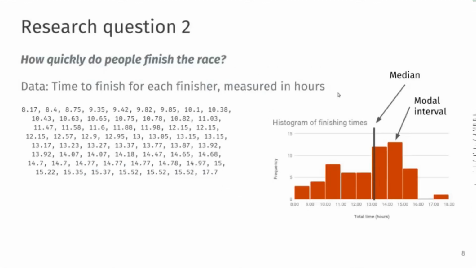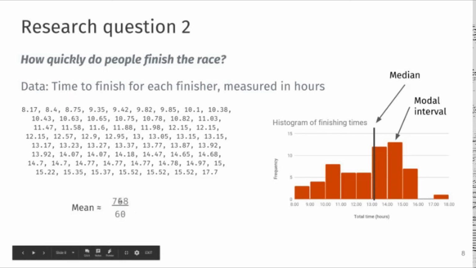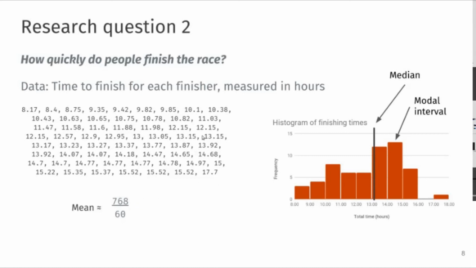If we do this for our complete set of data, all we're doing is adding each of these things up and dividing by the total number of observations, which in this case is 60. The sum of all of these, you can check it for yourself, is a little over 768. We divide that by 60 to get about 12.8 hours being the average finishing time.